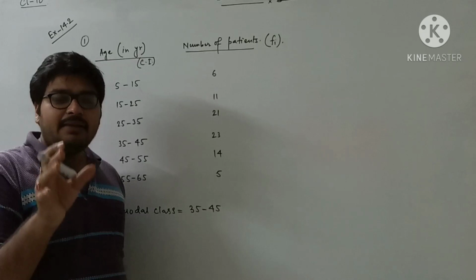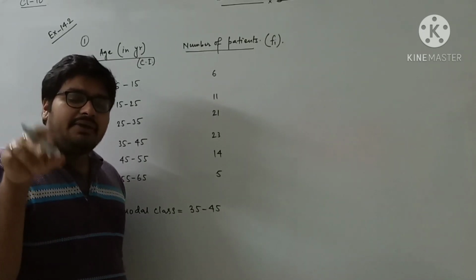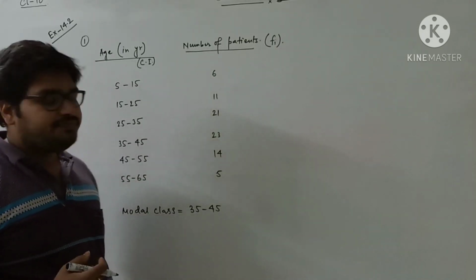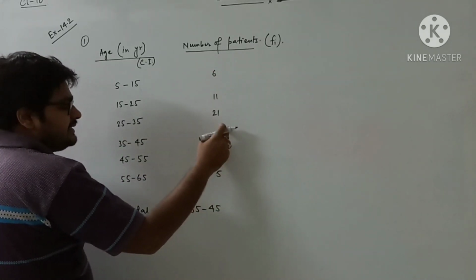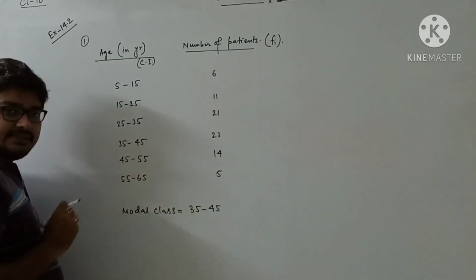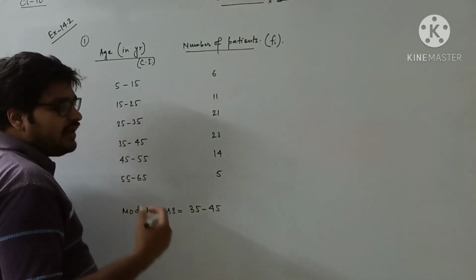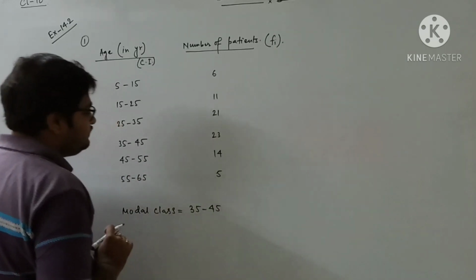The modal class will help you know that the mode will lie within this interval only, so I can check my answer automatically. Out of all those frequencies, the class with the highest frequency is the modal class. So I have chosen the modal class here, and I understand that whenever I find the mode, the answer will lie within this interval only.